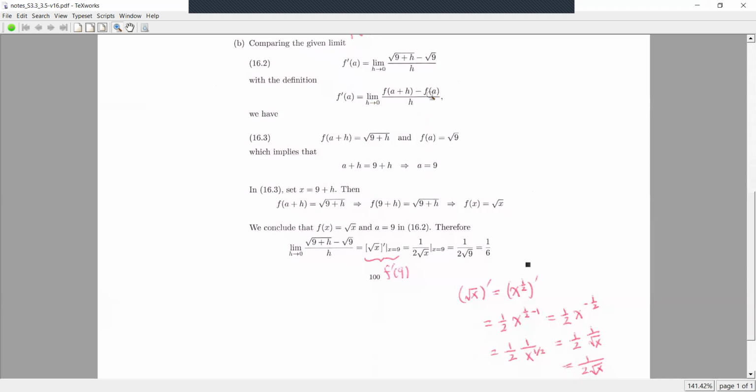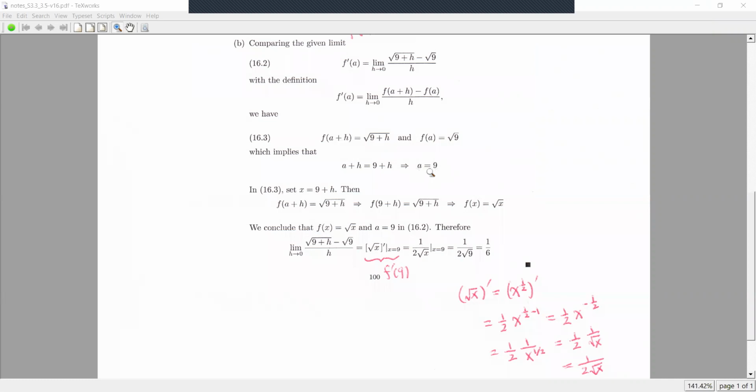Compare these two limits, we can see that f of a plus h is the square root of 9 plus h. f of a is the square root of 9. So we have these two equations. The left-hand side of this equation is a plus h, and the right side is 9 plus h.